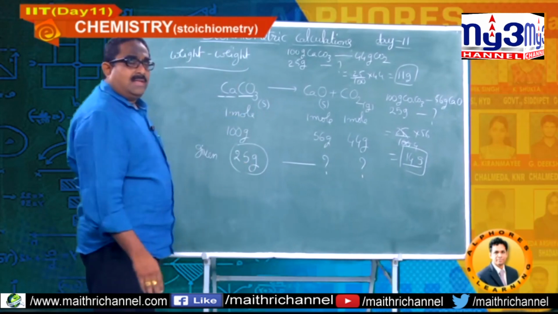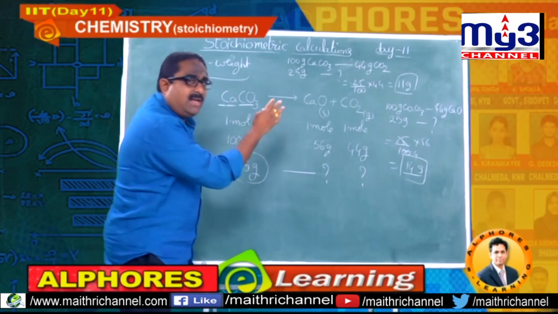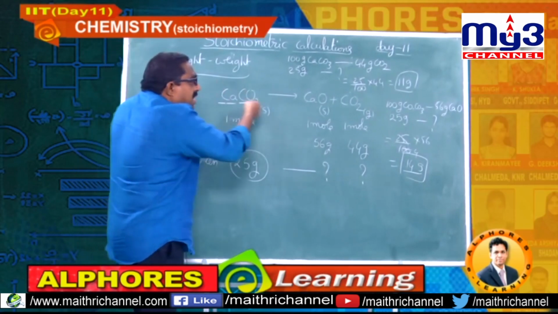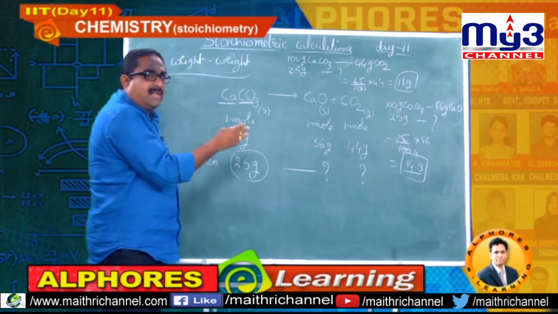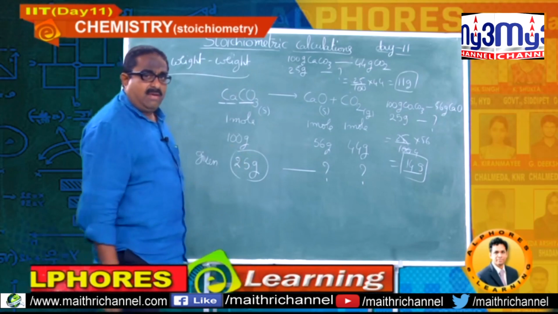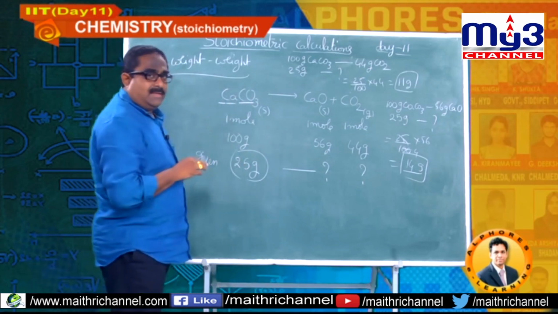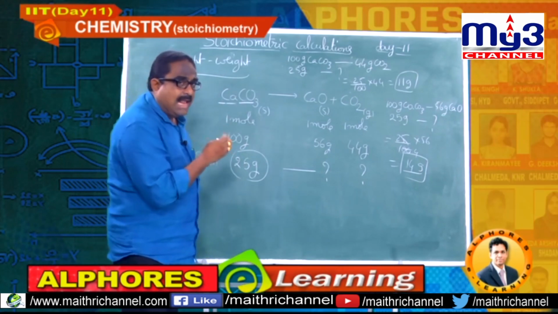Reverse to that. So that's why I have stated this as weight calculations. Stoichiometric calculations involve only the masses of components, either the reactant is given or the products are given. Based on balanced chemical equation, we can simply calculate all the things. Please note down, students.